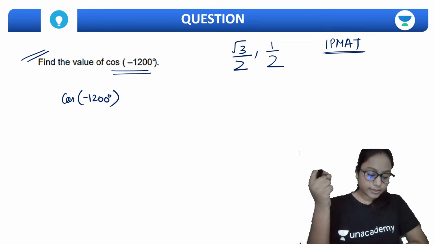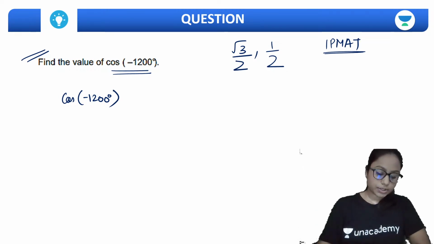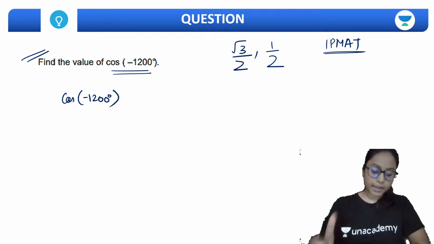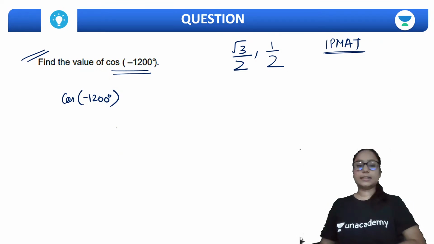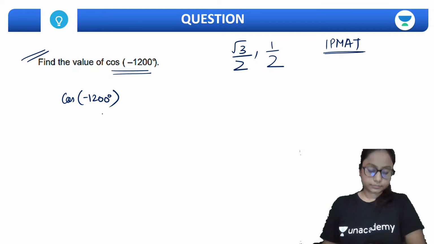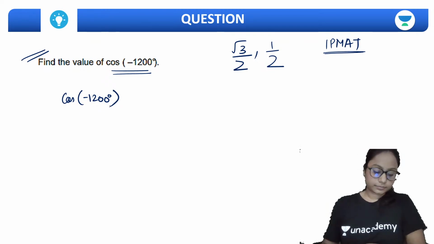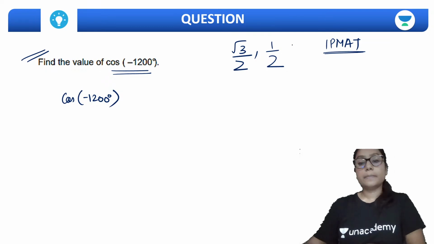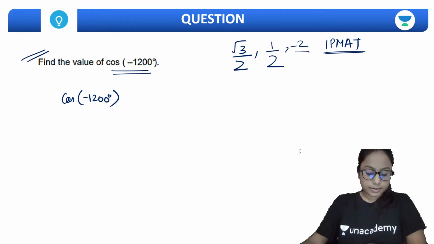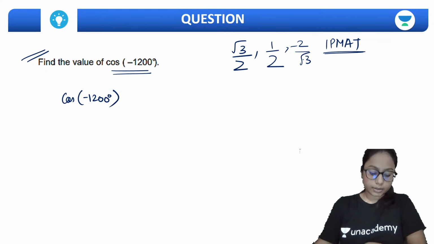Any other answer? Sonam, Akash, Thomas, Harshita, Yash, Amay, waiting for your answers. Rishi, Ritu, all of you. Okay, minus 2 by root 3. This, Anurag.